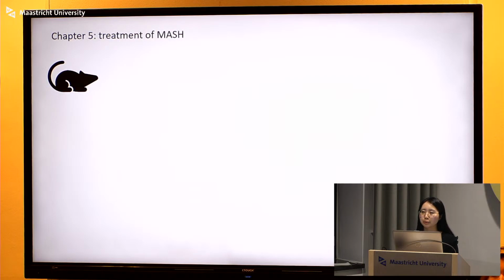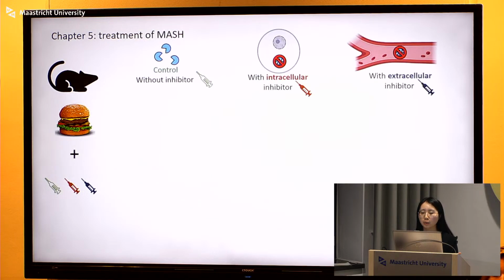Previously, in our group, we did an in vivo study where we used mice fed a high-fat diet, and then split into three groups. One group received control injection, the other two were treated with inhibitors that specifically block cathepsin D, that is present inside the cell, intracellular, or outside the cell, extracellular, respectively.